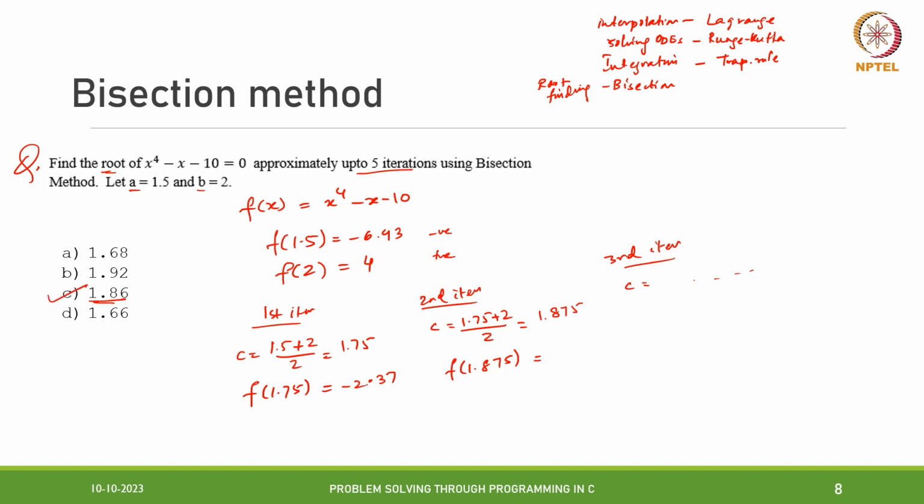So around 1.86 you will get. You have to keep going until the fifth iteration. Whatever value of c you calculate here, that is going to be your root, because that is what the question asks, that you do 5 iterations of bisection and tell us the root. So that will be the root. Okay.